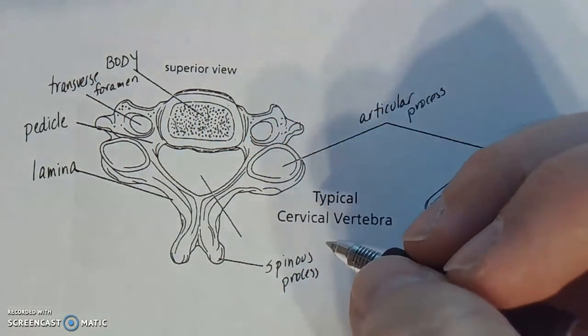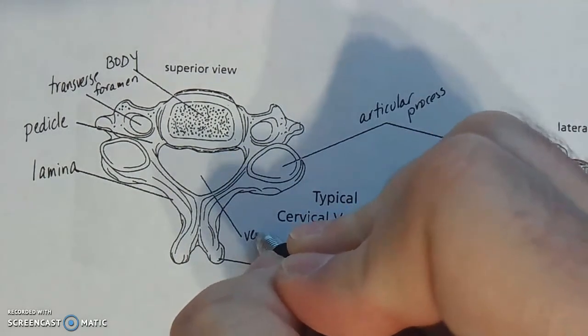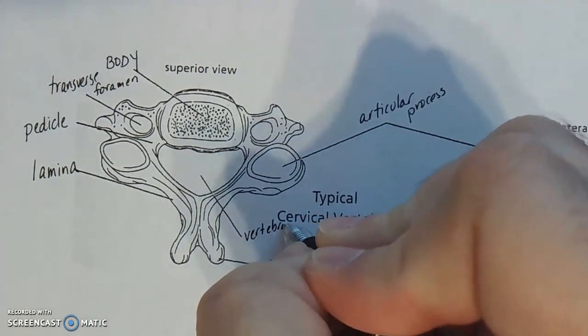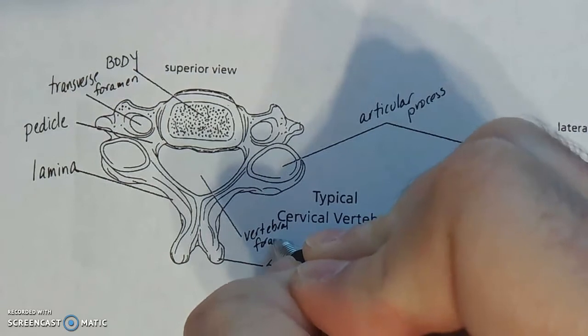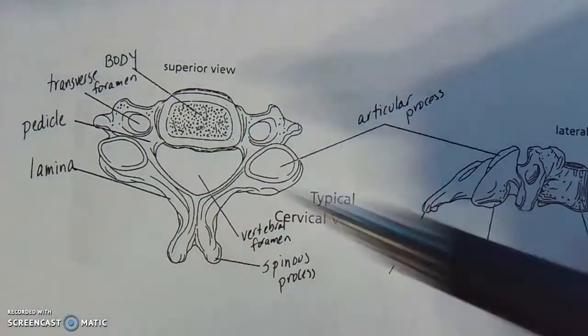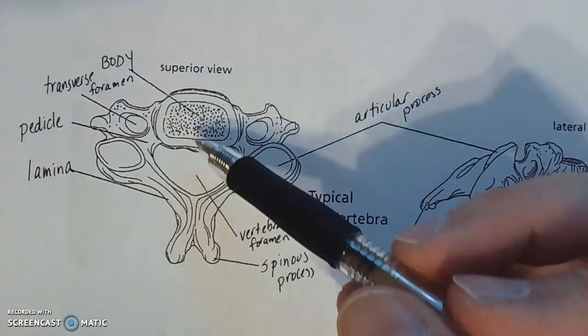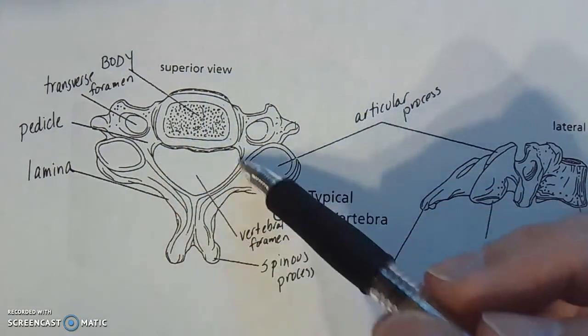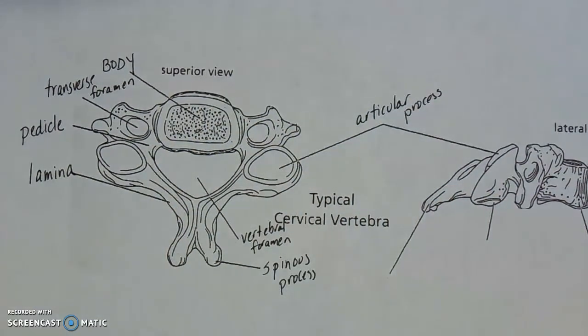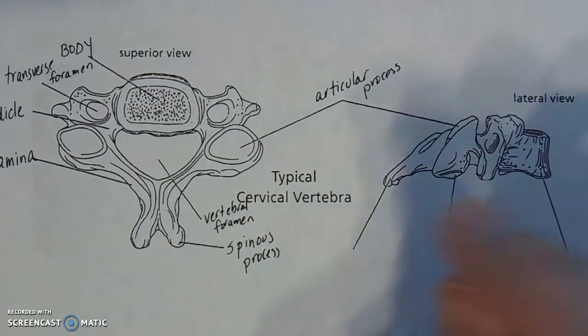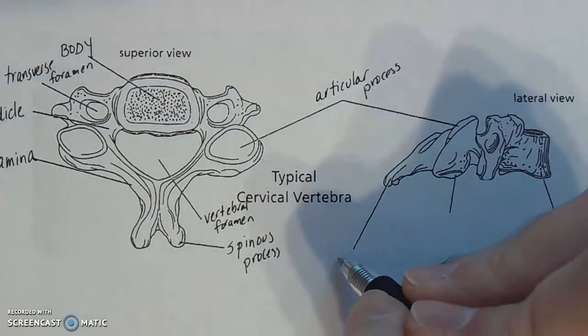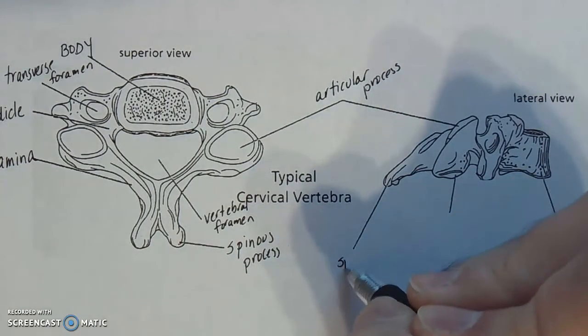This is called the vertebral foramen, and this is where your spinal cord goes through. So it's actually a tunnel. So all of these stacked on one another form a tunnel in which the spinal cord is going to travel through. So over here in this view, we can also see the spinous process.